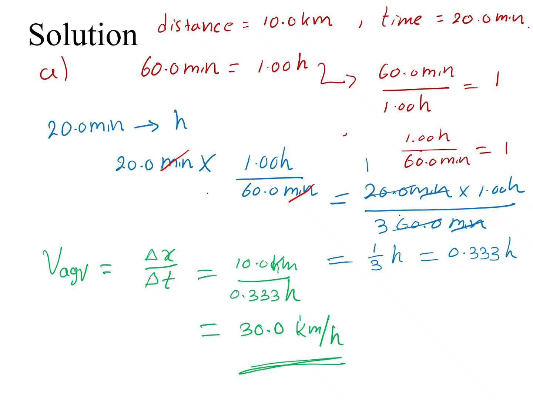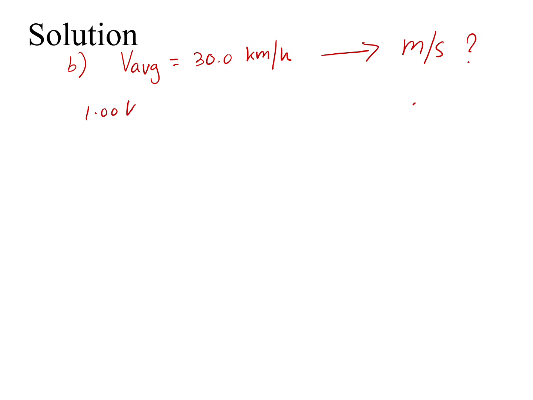Now let's look at part B. We already found average velocity is 30 kilometers per hour. Now we need to convert this into meters per second. Now 1 kilometer is equal to 1000 meters.